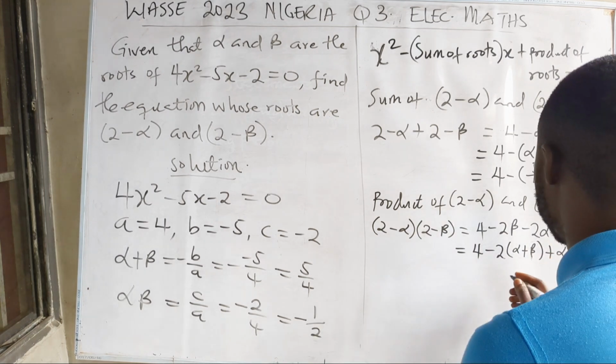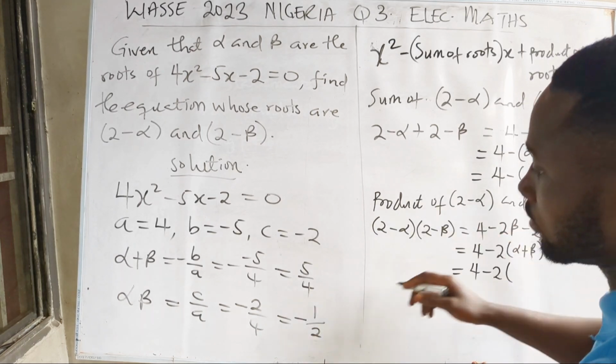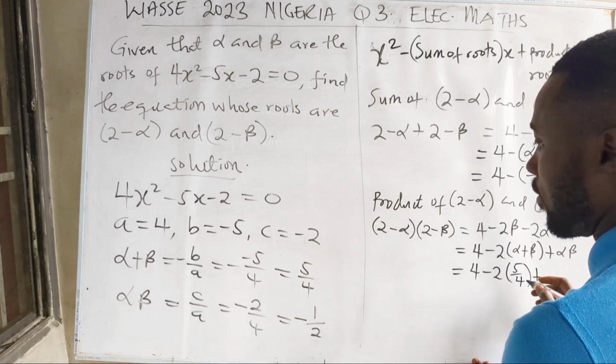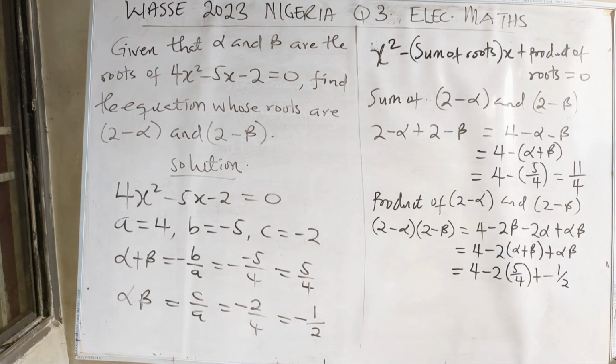Alright. So what am I going to have? 4 minus 2 times alpha plus beta, which is 5 on 4, plus alpha beta, which is negative 1 on 2.